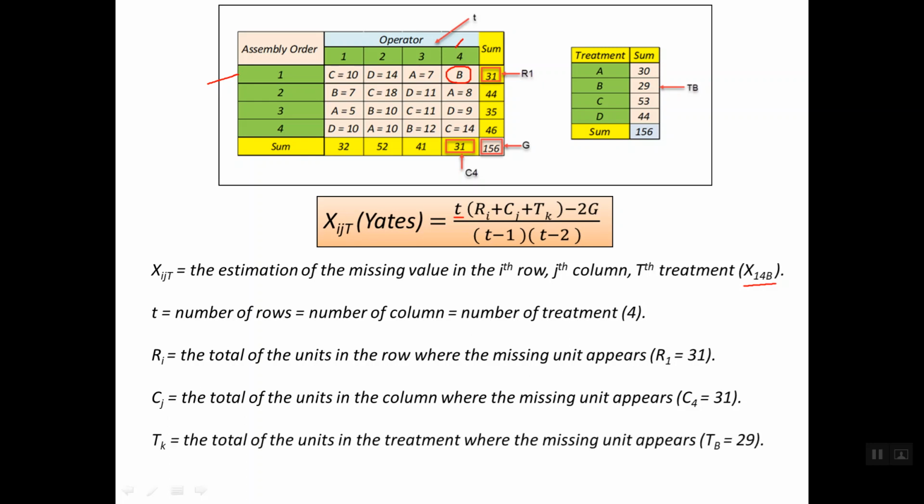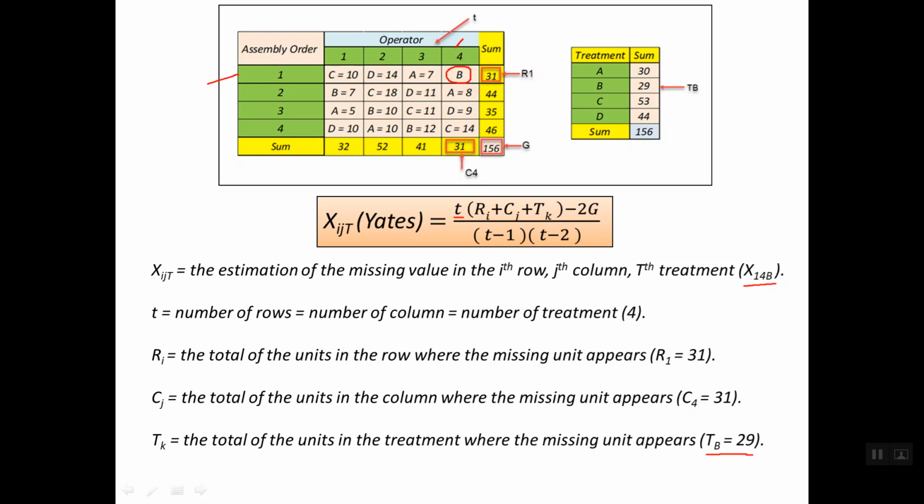T sub k represents the total of the units or observations in the treatment where the missing unit appears. The missing unit appears for treatment B, so the total of the observations for treatment B is equal to 29.